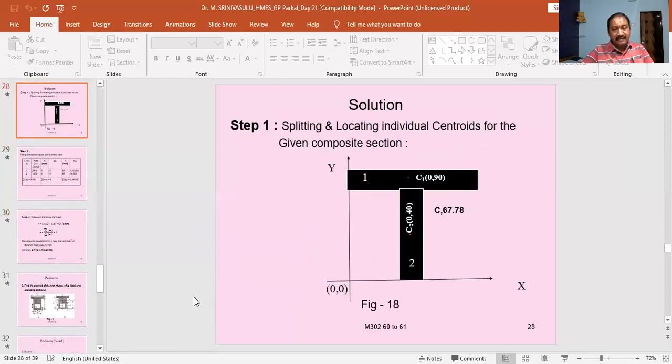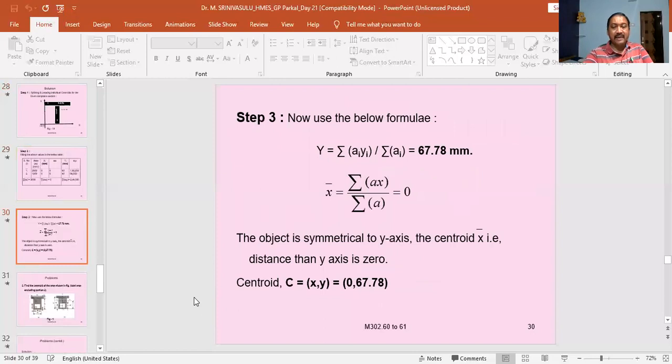Here x is equal to 0 means the centroid is on the y-axis at the midpoint. Because the given T section is symmetrical about the y-axis, the centroid is lying on the y-axis, at a distance of 67.78 millimeters from the bottom edge.